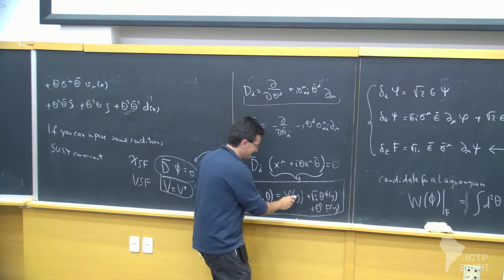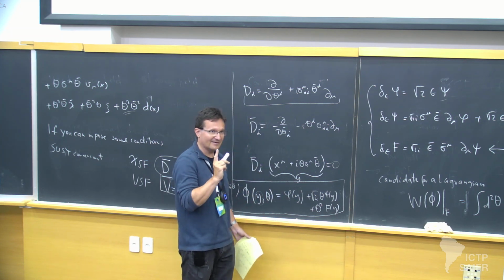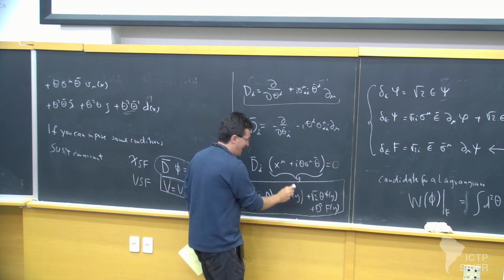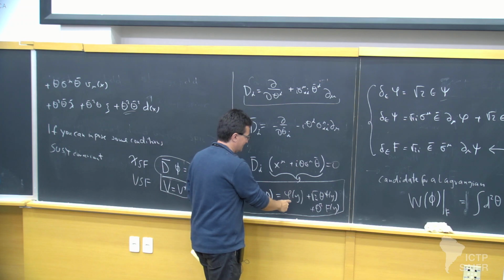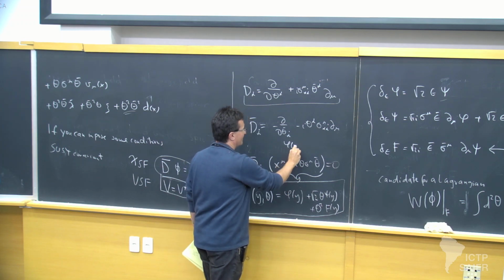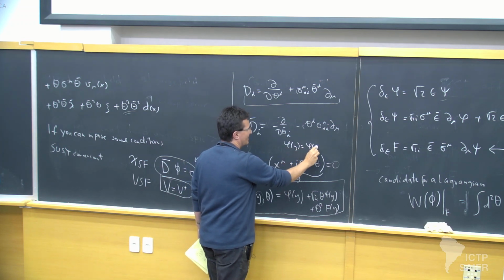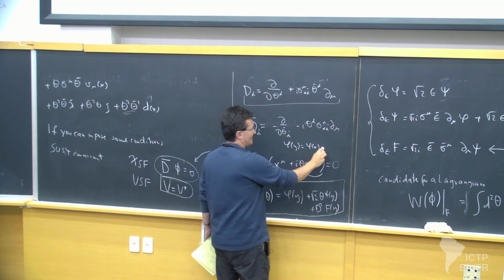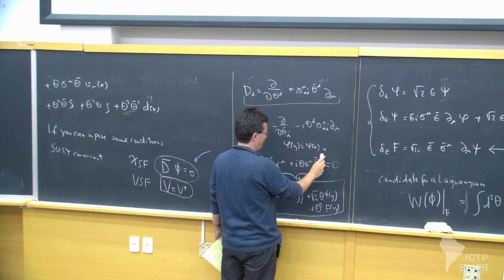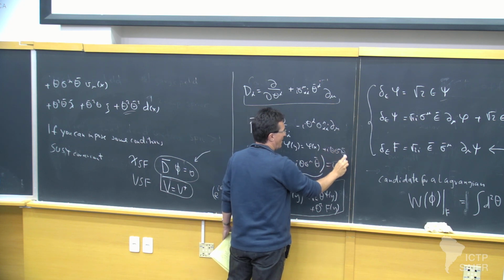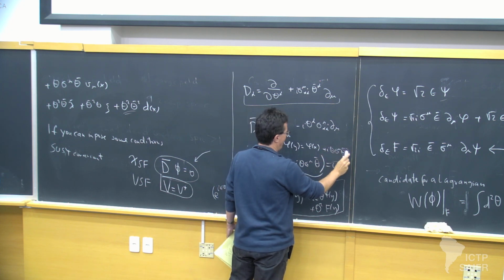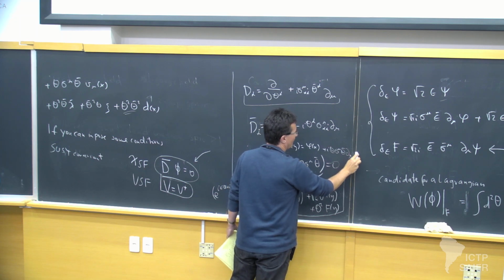It's in the fact that this is a function of y. It's not quite a function of x. So phi of y is equal to phi of x plus i theta sigma mu theta bar times d mu of phi of x.